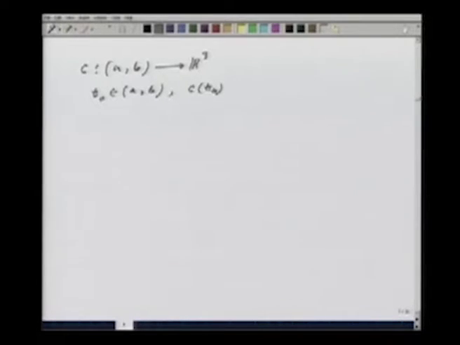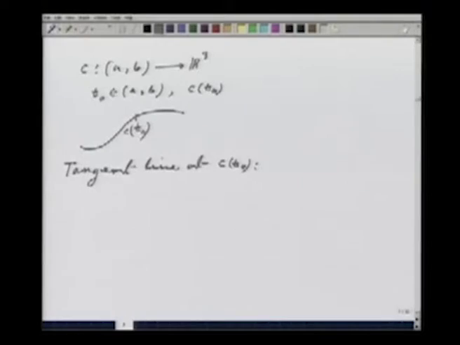Okay, so the image of the curve, let us say, looks like this, and this is c of t naught. Okay, I want to talk about the tangent line at the point c of t naught.